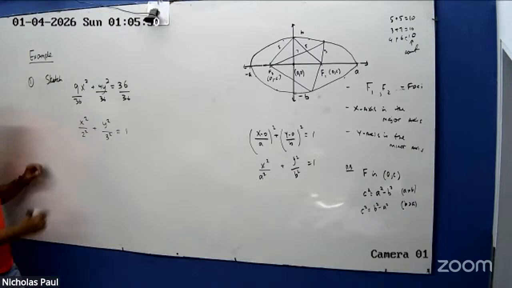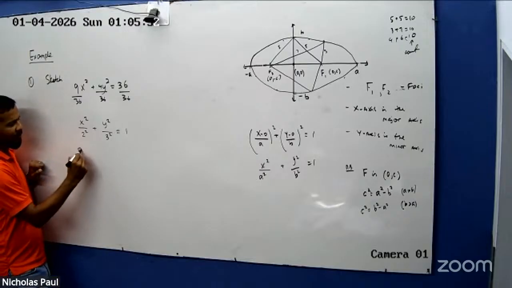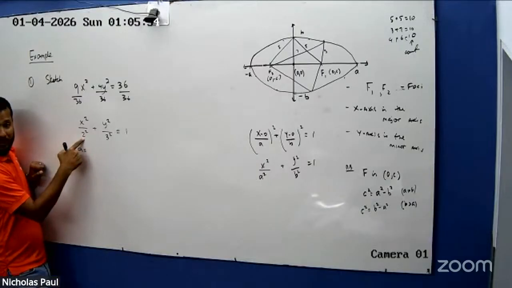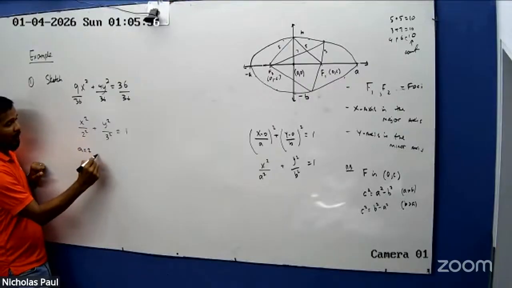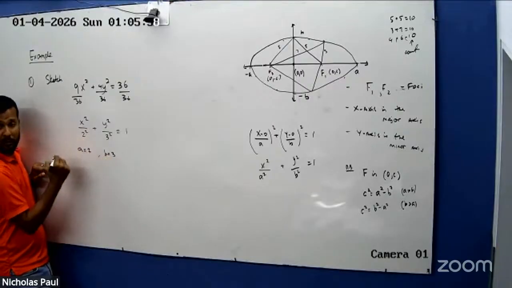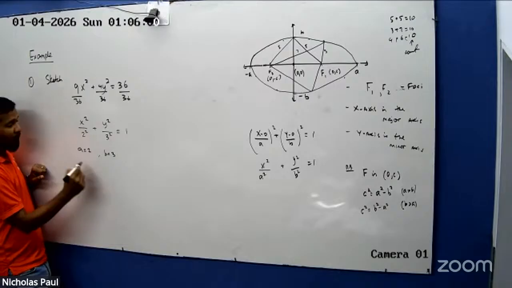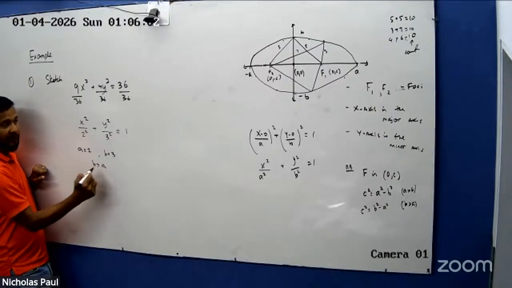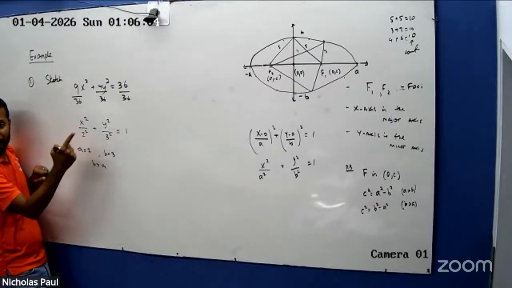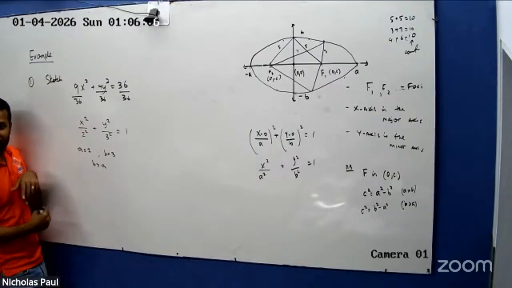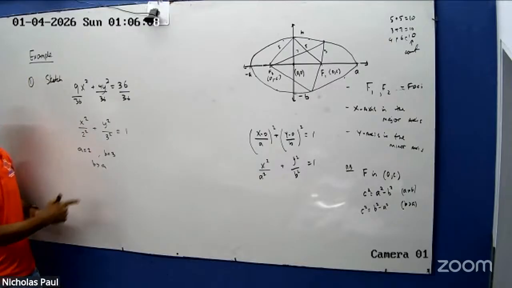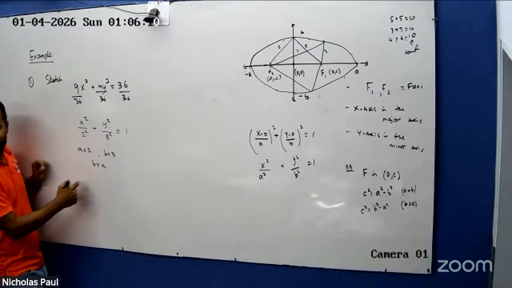Right? So A is how much? A is 2, and B is 3. Right? Slight problem. B is bigger than A, so it will not look like that. It will look like the portrait, B on A.